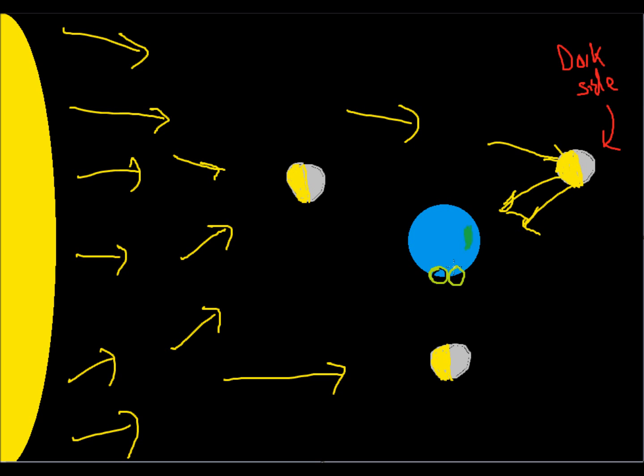Nice green pair of eyes on Earth, looking up at here. What do we see when we look this way? We see a half moon. Half of the moon, this side, is in shadow. Half of the moon is illuminated. So from Earth, that looks like this. We actually see a half moon. And from Earth, this moon looks like it is full.